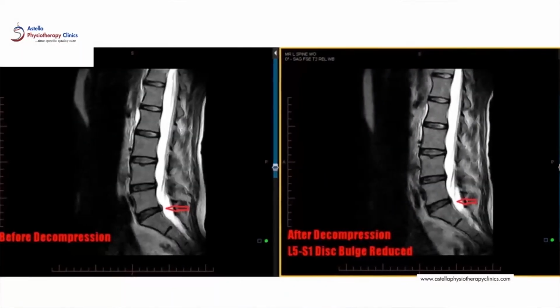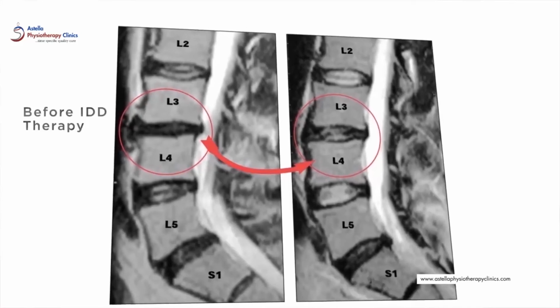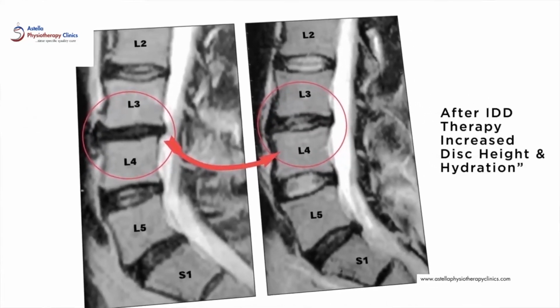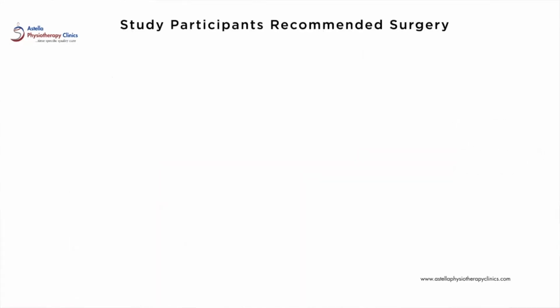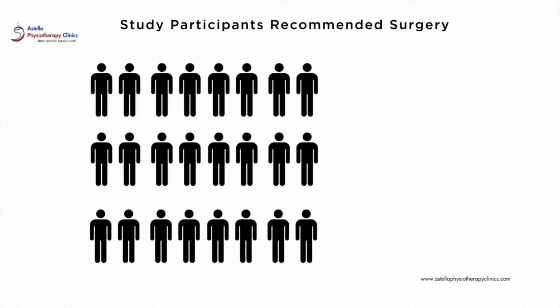Disc dehydration is also evidence on MRI, showing measurable disc height and fluid retention after a full treatment course. In one independent neurosurgical study conducted on over 500 patients who were referred for surgery, 92% achieved relief without surgery.